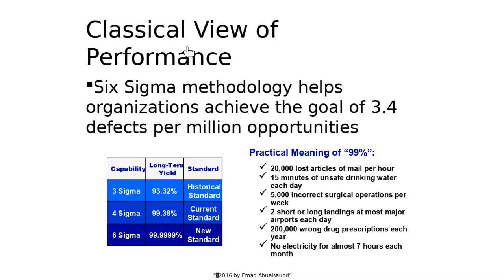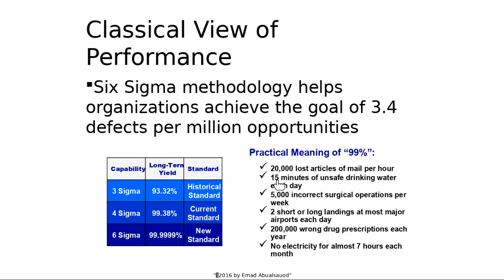Well, to tell you the truth, if you are performing at 99%, that means you will have 20,000 lost articles of mail per hour. That means every hour in, let's say, DHL, UPS, or Saudi Post, they will have 20,000 lost items in the mail.